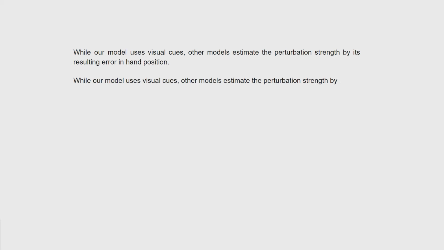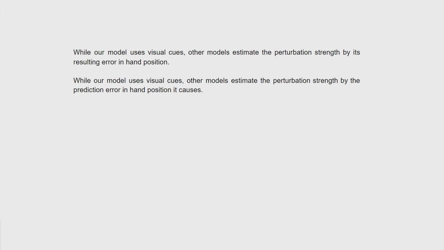So we say, by the prediction error in hand position. And then we put one on top by saying it causes. So now instead of just saying other models estimate the perturbation strength by its resulting error in hand position, we now say other models estimate the perturbation strength by the prediction error in hand position it causes.